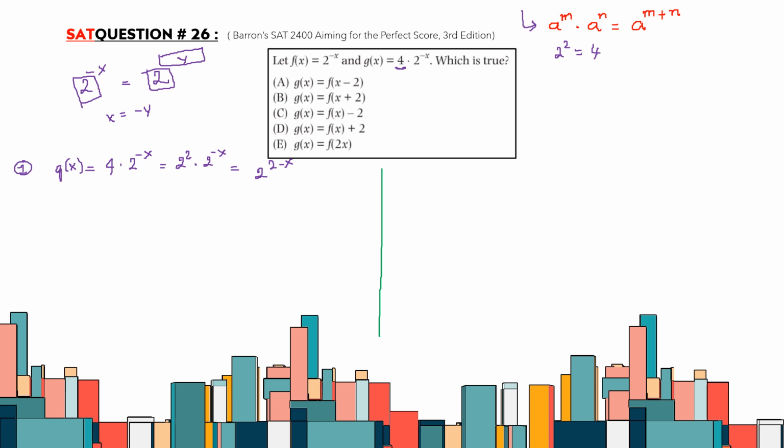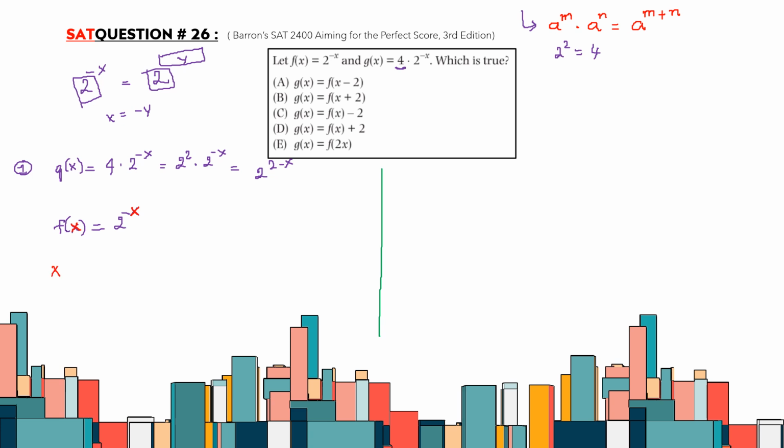Now we look at f of x. F of x equals 2 to the power of negative x. And they ask, what is g of x in terms of f of x? So we have to find what value of x makes f of x become g of x. Let's say this one is the red one, the original f of x.